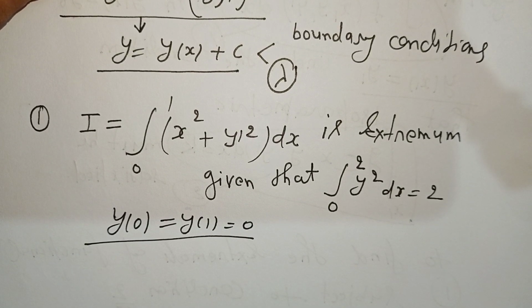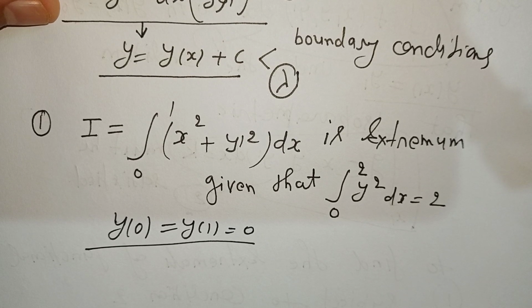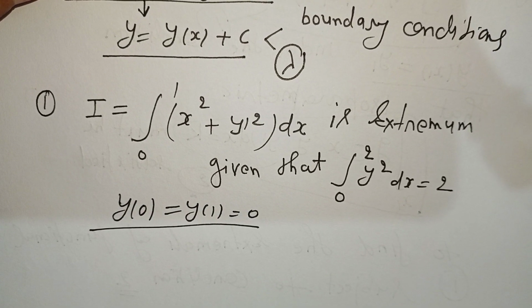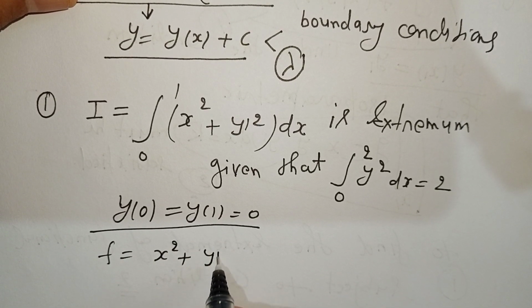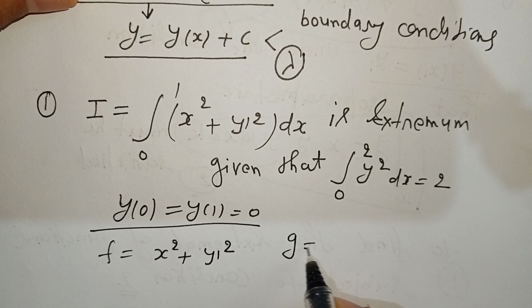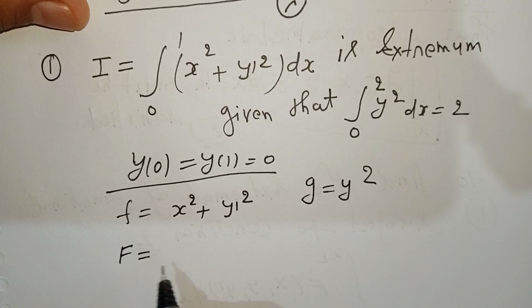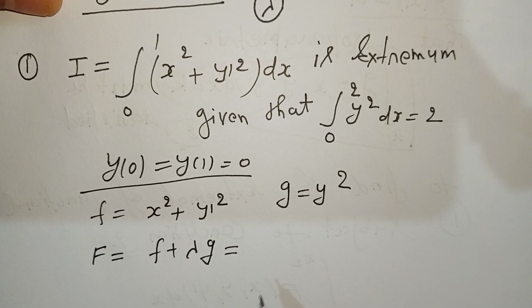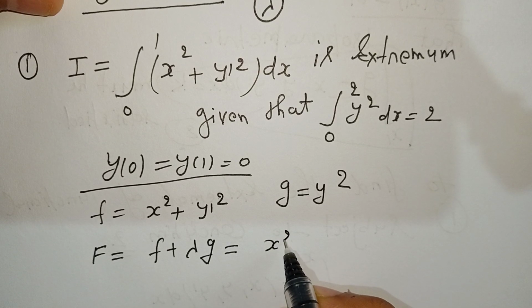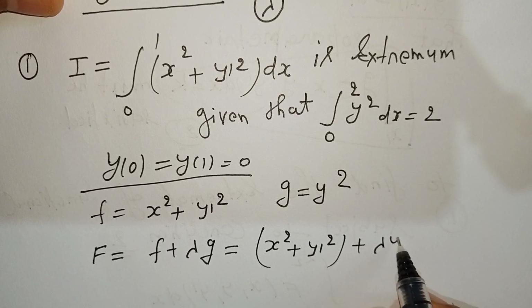So we need to extremize this I with the constraint integral of y square dx equal to 2. Fine. So what is the small f here? Small f equal to x square plus y dash square and g equal to y square. So we'll define the new function f plus lambda g, where lambda is the Lagrange's multiplier. So we have x square plus y dash square plus lambda y square.